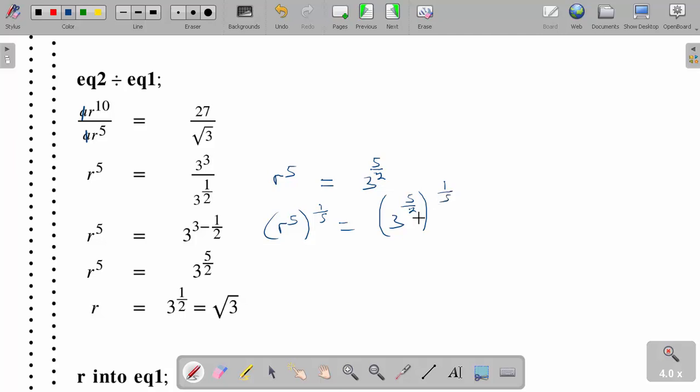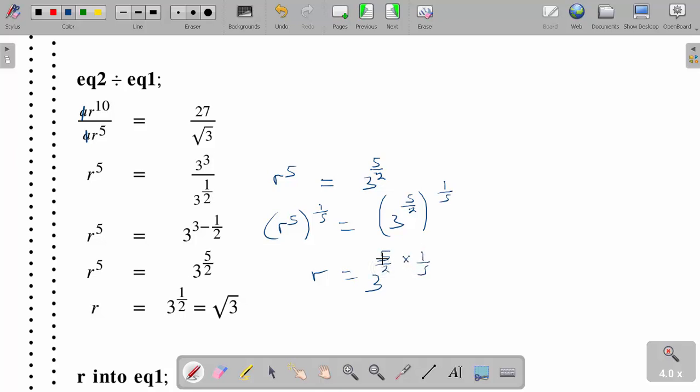If I simplify here, I'm going to cancel: 5 times 1 over 5 gives me 1. That's why I have r here. I'm going to have 3 power 5 over 2 multiplied by 1 over 5.